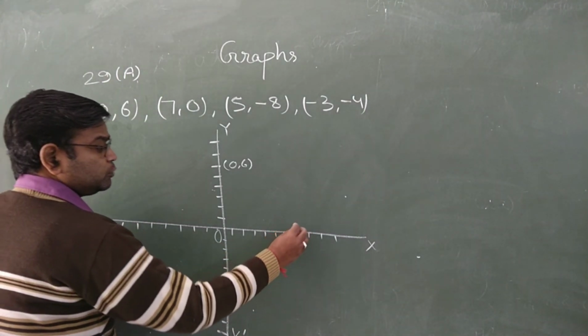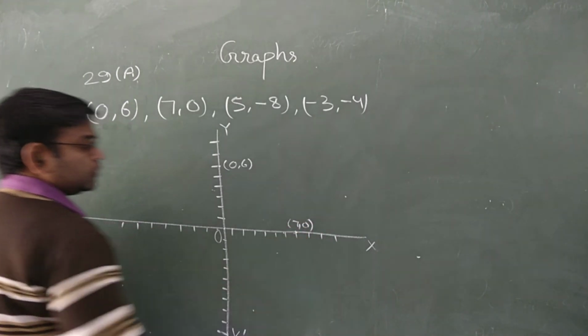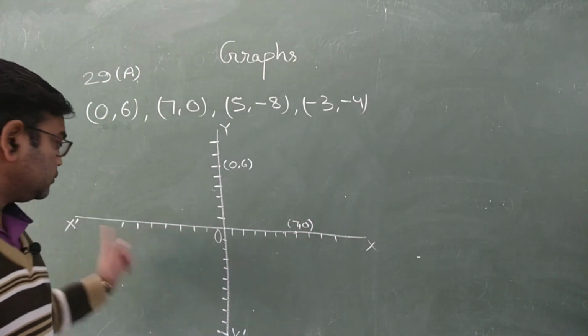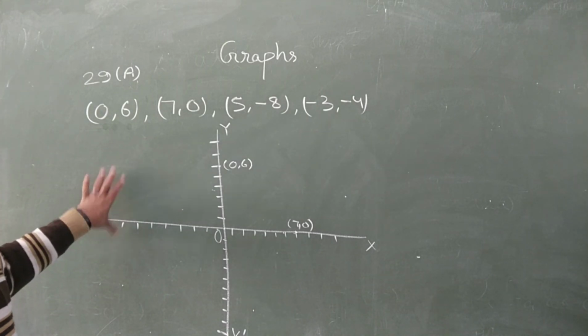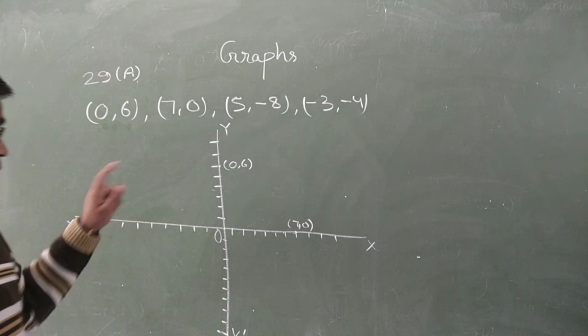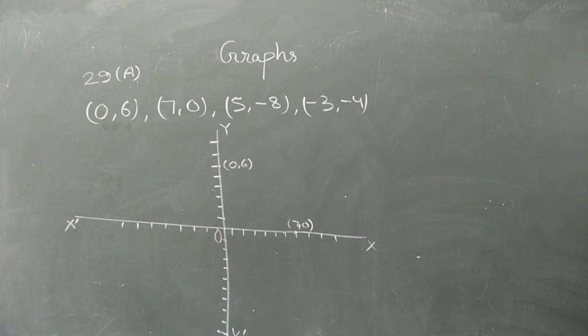So this point is your 7, 0. Draw these two axes of reference using your black pen, and plot all these points using your pencil on graph paper.